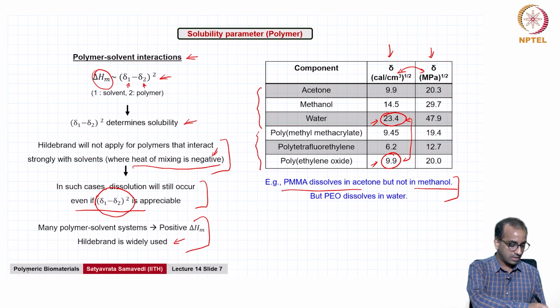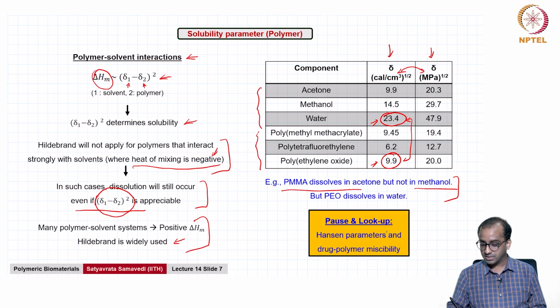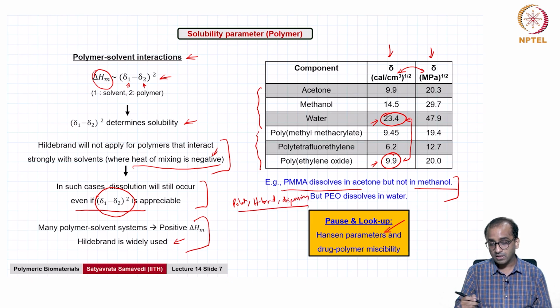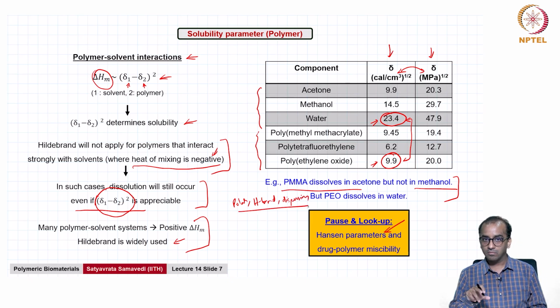Now, one other theory that you will often hear is this theory by Hansen. In fact, you will find Hansen parameter handbooks, where the idea is not very different from Hildebrand, but now Hansen accounts for polar, dispersion, and hydrogen bonds. So, Hansen is another theory that accounts for all three interactions between either polymer and solvent, or two liquids, or even drug and polymer.